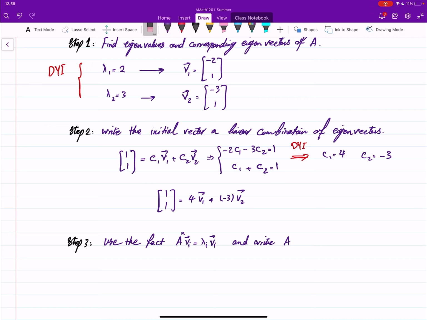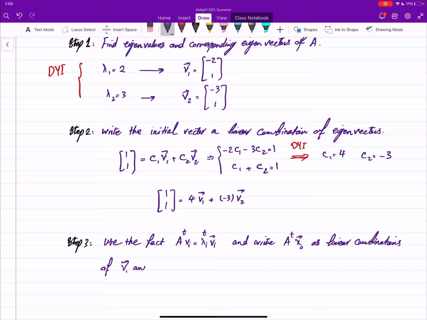So we use that fact to calculate A to the power t times x0, which is just 1 and 1. How do we see that? Well, we will use the linear combination that we found in the second step.